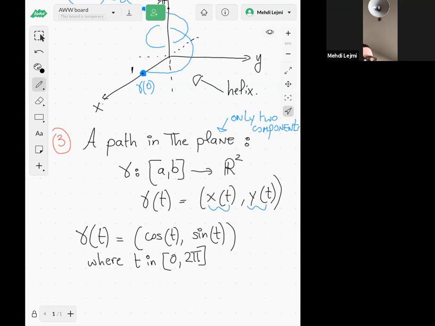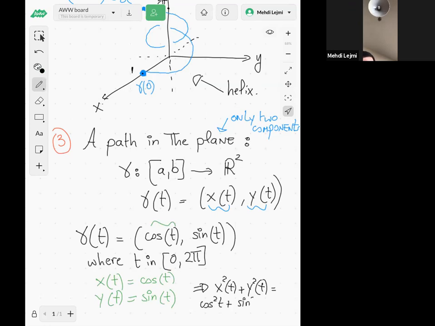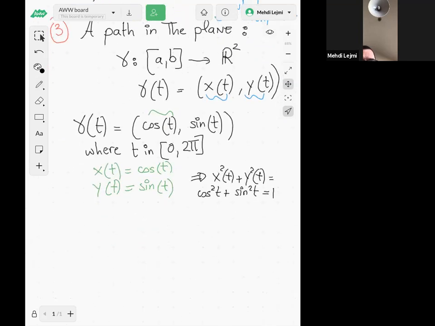So cosine of t is my x of t, and y of t is the sine of t. Of course, if you do x squared of t plus y squared of t, that is cosine squared of t plus sine squared of t, which equals 1, right? So that will be just a circle of radius 1. So in this example, my path or curve in the plane is just the circle of radius 1.